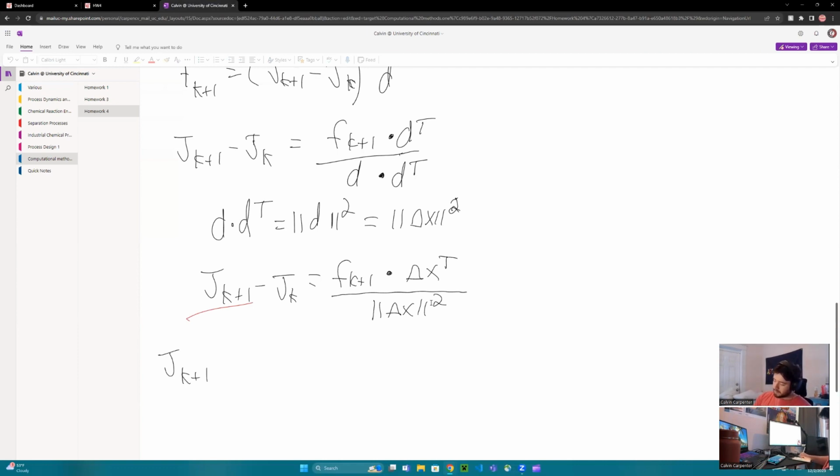So now isolating for our desired term, the updated Jacobian, we're going to have J of k plus 1 is equal to that term, so f of k plus 1 delta x transpose over delta x squared plus J of k.